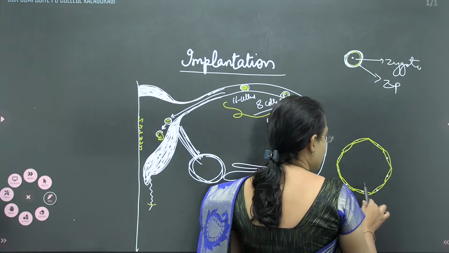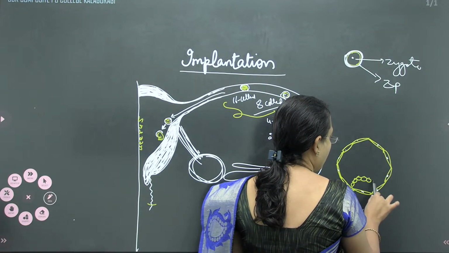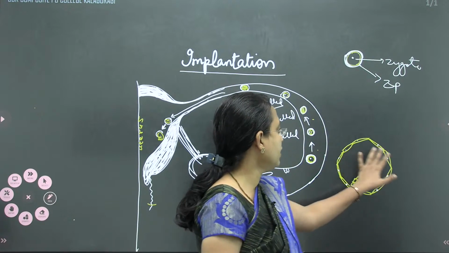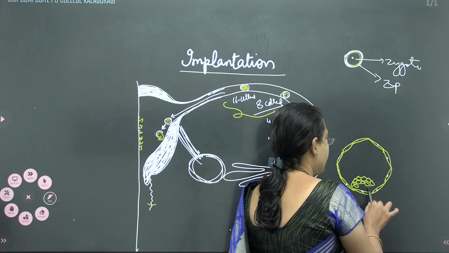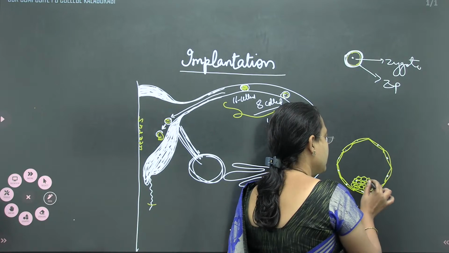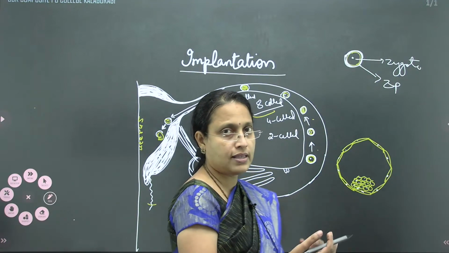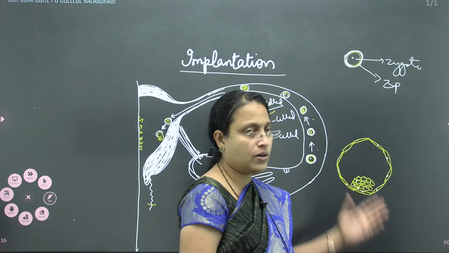Whereas certain cells protrude into this cavity called blastocoel. How did all this form? Due to cell rearrangement from morula.